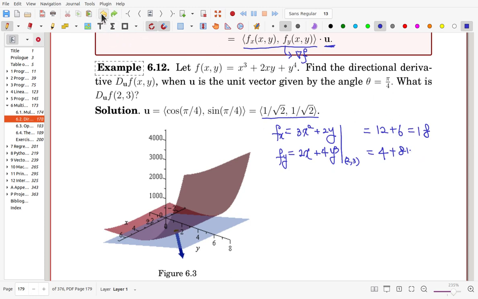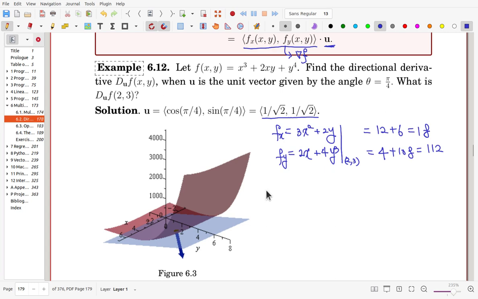Sorry, 27 times 4, that is 108. So f sub y at (2, 3) is 112.